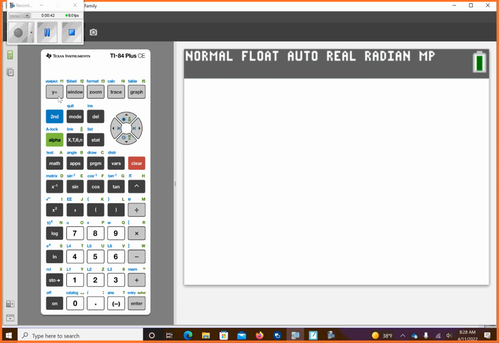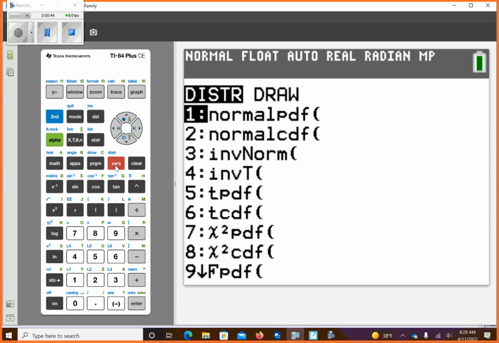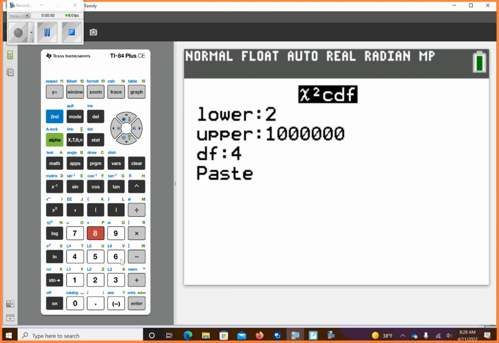Clear. We're going to go under second distribution, our favorite new button, and find chi-squared CDF. It's number 8. Our lower, we wanted it greater than 20, so our lower is going to be 20. Our upper is going to be 1,000,000. And then degrees of freedom, it said 8.